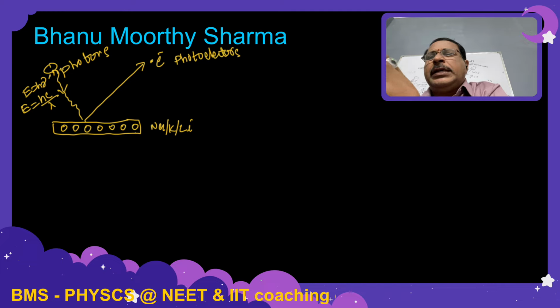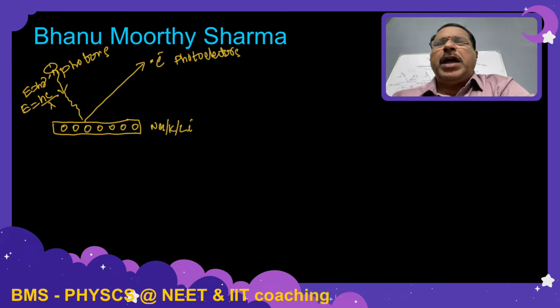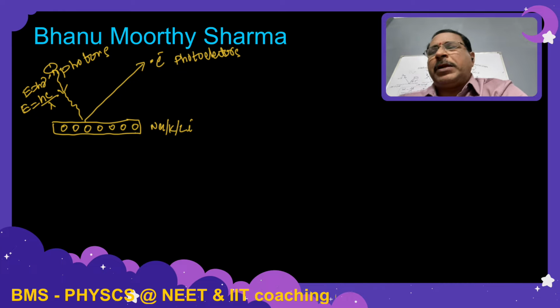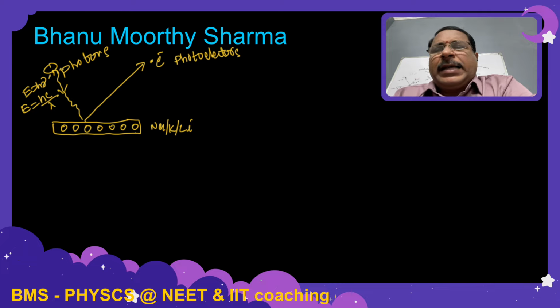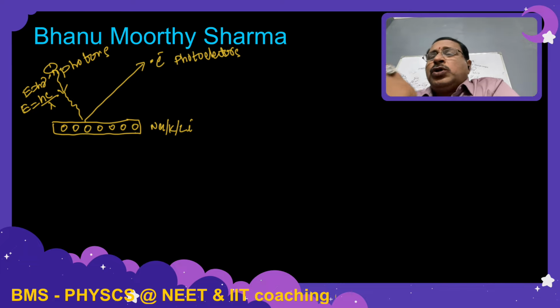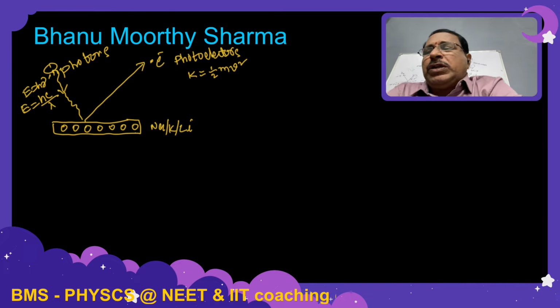My dear students, NEET aspirants and IIT aspirants, this is a very good concept in this chapter, which we expect in the NEET entrance as well as the IIT entrance. Such photoelectrons have considerable kinetic energy K equals half mv square, where m is the mass of the electron and v is the velocity of the electron.